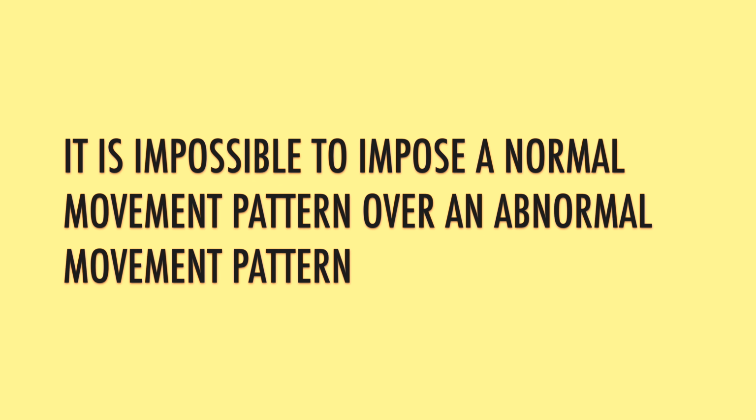So let's begin first by seeing these principles of NDT therapy. The first principle is it is impossible to impose a normal movement pattern over an abnormal hardwired movement pattern. Every individual has certain movement patterns which are hardwired in our brain. But in pathological conditions like cerebral palsy, these wirings are altered due to damage. So the pattern itself that is stored in the brain is not normal, due to which, when a movement needs to be performed, certain groups of muscles have to relax and certain groups of muscles have to contract.